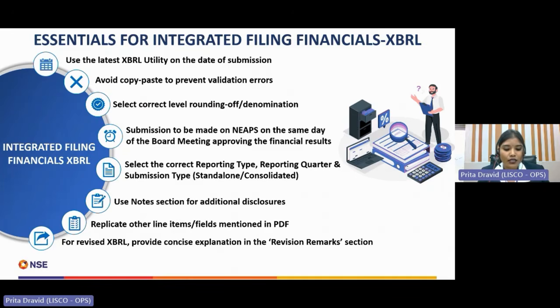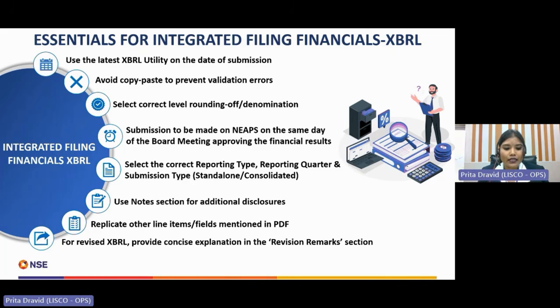The company must ensure that the reporting type, quarter, and type of submission, standalone or consolidated, are selected correctly. While entering the details of any other line items which do not have a specific field in the utility, the company shall mention the name and bifurcation of the amount as provided in the PDF submission.